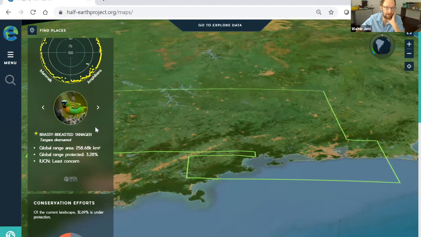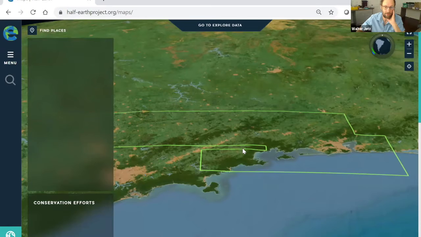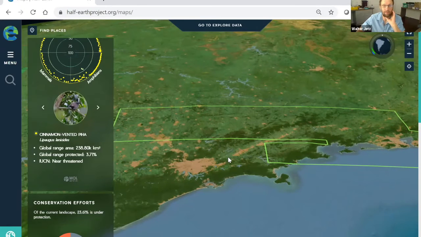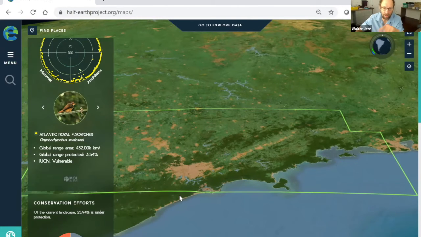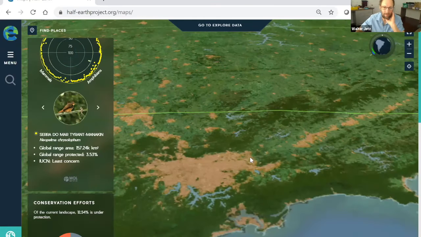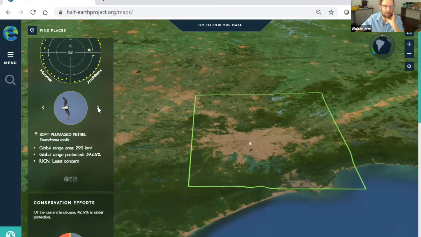This brassy-breasted tanager, for example, has a really small global range, and pretty much all of it is restricted to the smaller and smaller parts of the Atlantic forest that have not yet been encroached upon by agriculture or urbanization. And these are species that don't occur anywhere else in the world. So if you're in this location losing habitats, you're about to lose those species.